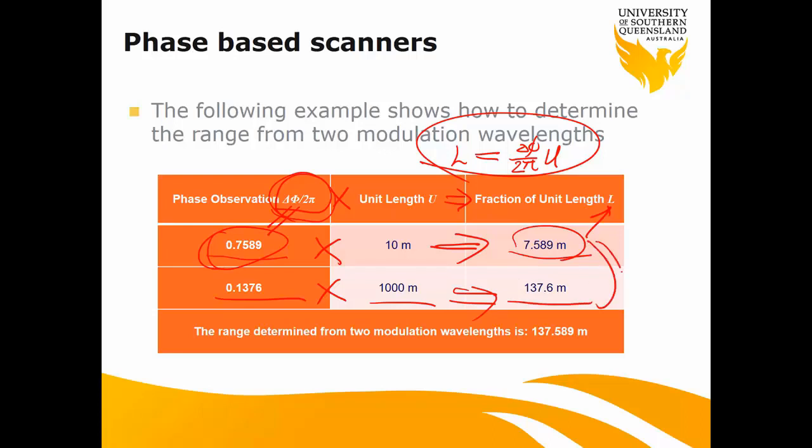Then we combine this together, so we get the final result. In this way, we didn't measure this ambiguity number.